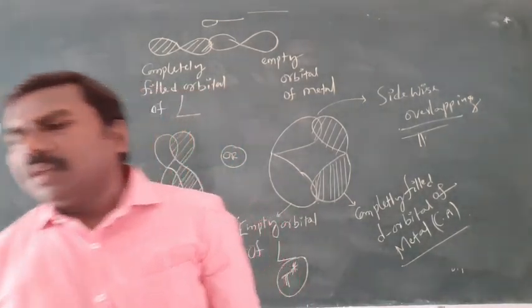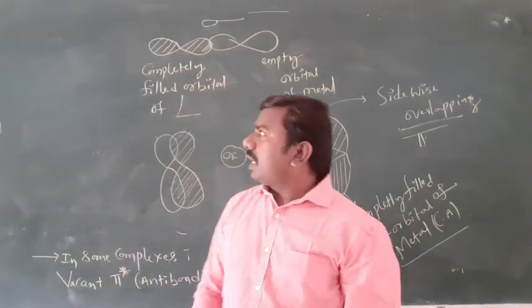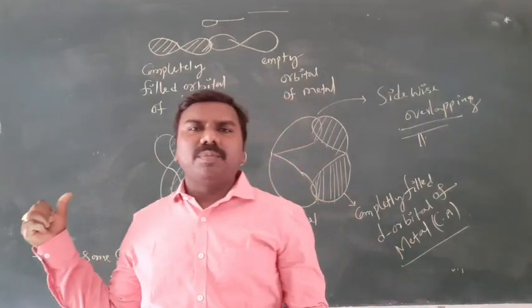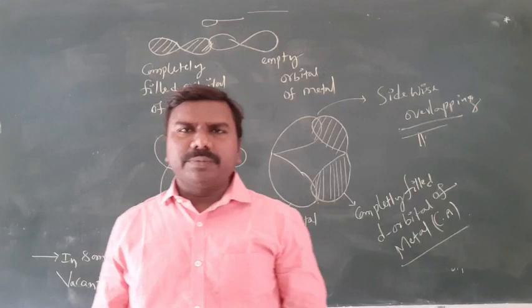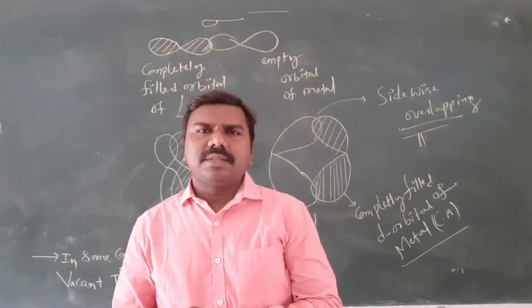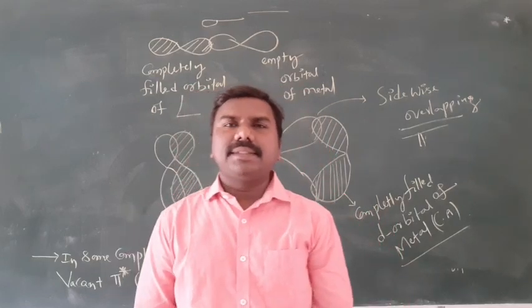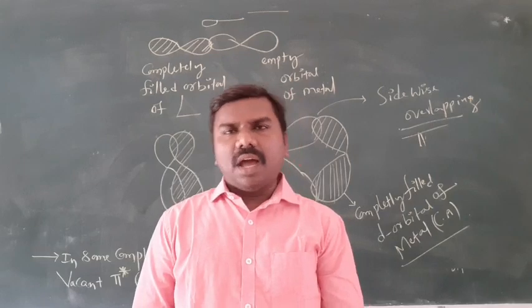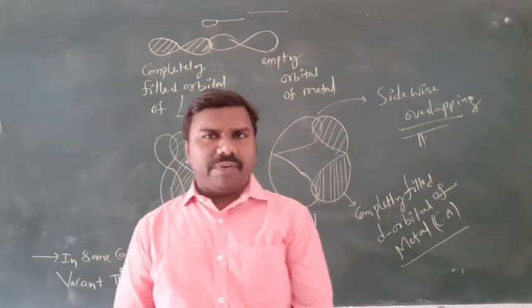Now, to understand the bonding in complex compounds as per the valence bond theory, we should know a few fundamental terms. One is inner orbital complex, outer orbital complex, low spin complex, high spin complex, strong field ligand, weak field ligand.